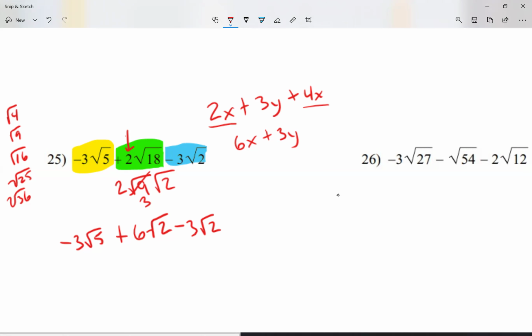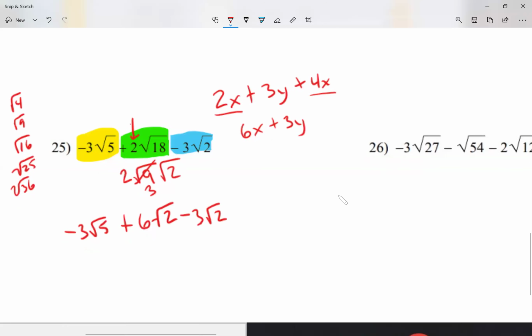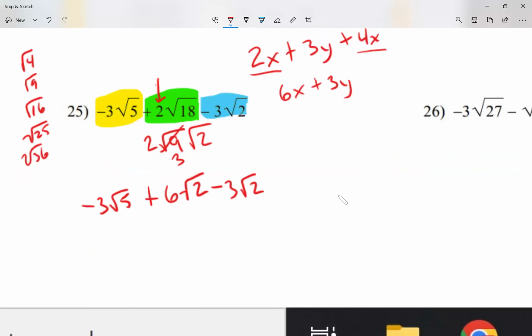I see radical 5 and radical 2, so not all of them are the same thing. This is what we're going to do for the homework. For the homework, what we're going to do is combine starting from the smallest radical, so in this case, radical 2. I'm comparing the radicals, right? I have radical 2's.